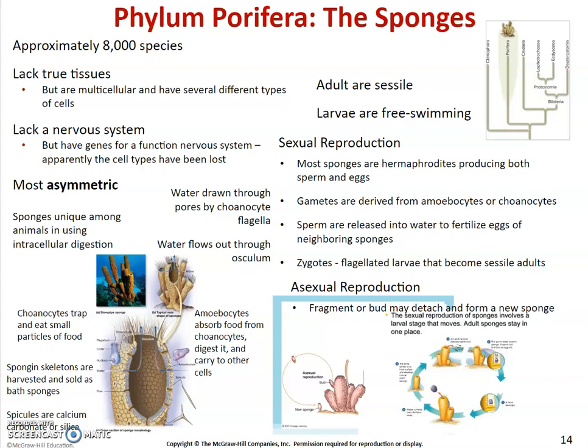And then they also have these choanocyte cells, which have flagella on them, and the flagella beat, and it sucks the water in through pores. The water comes in through the pores carrying small microorganisms that the cells digest and then shoot out through the top of the sponge.